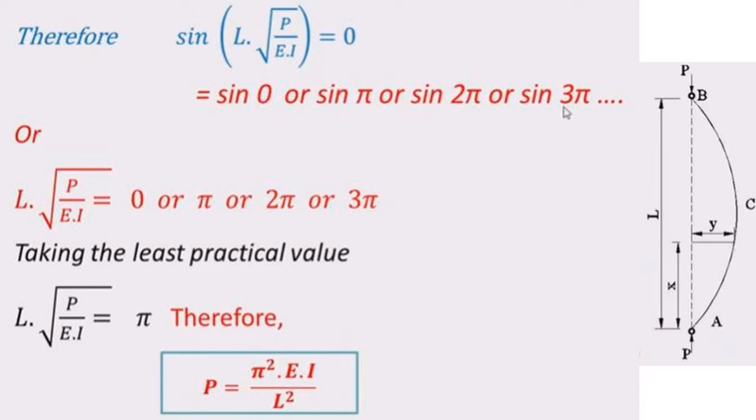Now taking the least practical value, we will get L into under root P by EI equal to pi, and rearranging the equation, you will get P equal to pi square EI divided by L square. So that is the expression for crippling load when both the ends of the column are hinged.